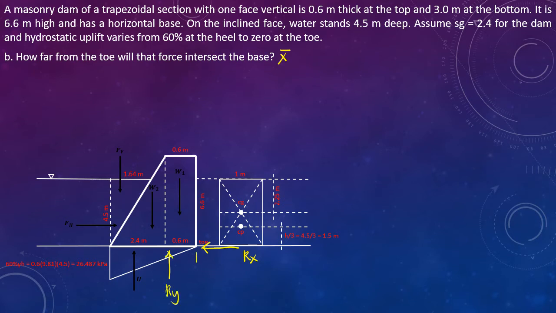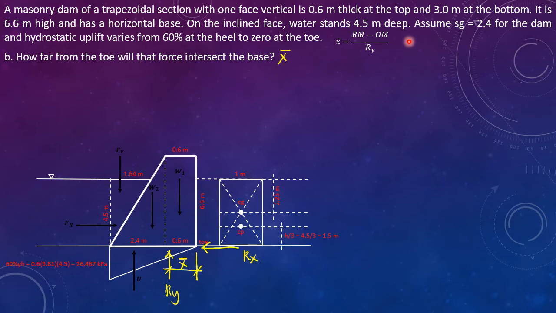And the distance from the toe to Ry is x bar. And to solve for x bar, we have the formula Rm minus Om over Ry, where Rm is the righting moment and Om is the overturning moment.